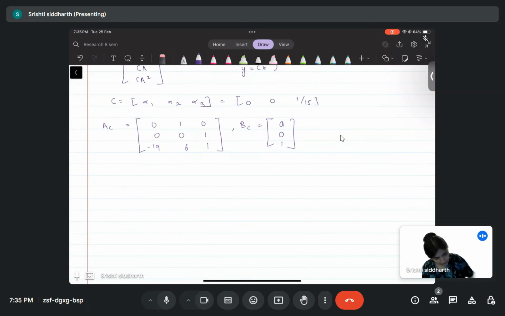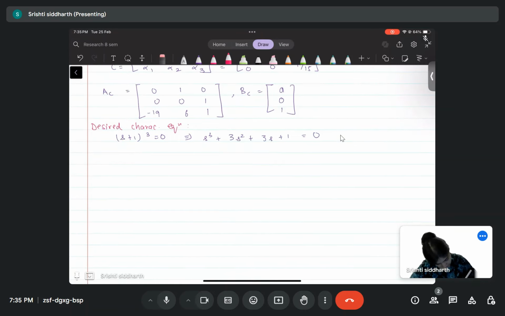So the desired characteristic equation is, for repeated eigenvalues at minus 1, s plus 1 cubed equals 0, which is s cubed plus 3s squared plus 3s plus 1 equals 0.